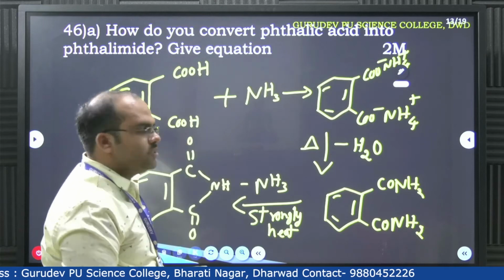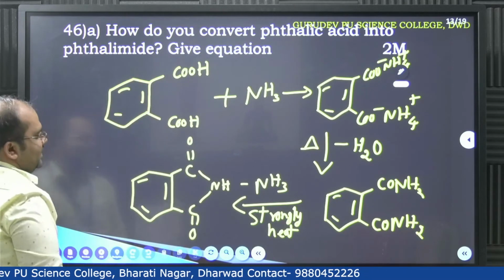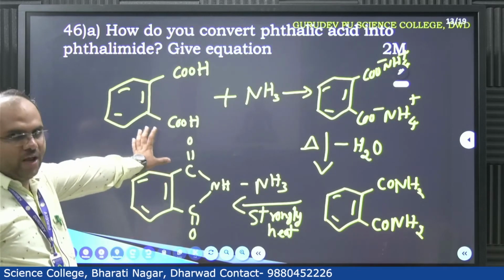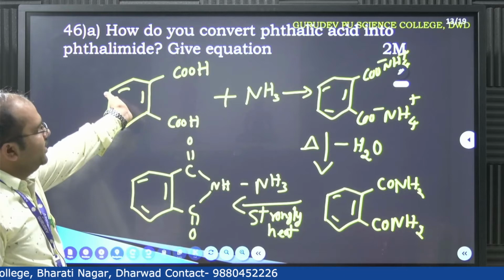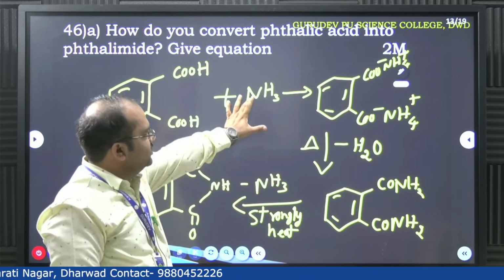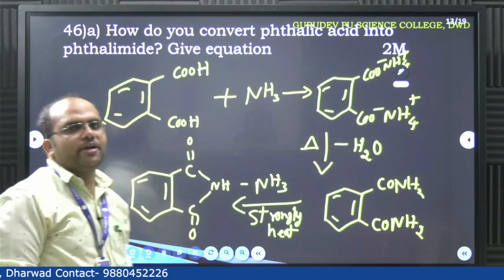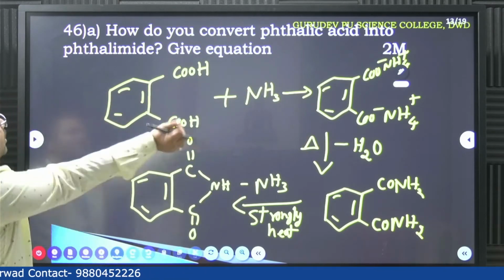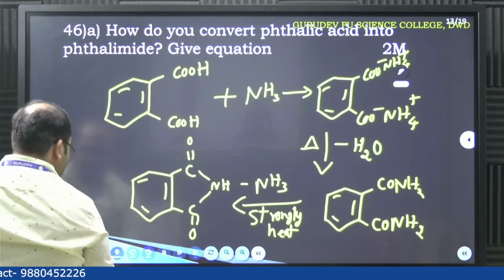So by this reaction you are going to prepare phthalimide. It's very clear: the formation of phthalimide from phthalic acid is by addition of NH3 and removal of NH3, and the middle step is removal of water. By this you can convert phthalic acid into phthalimide.